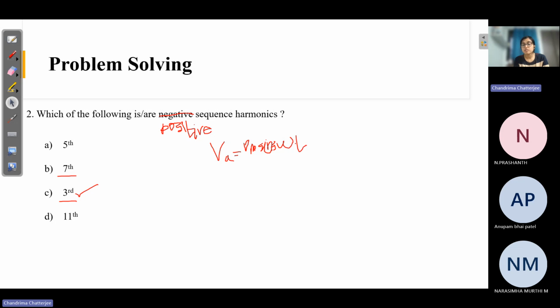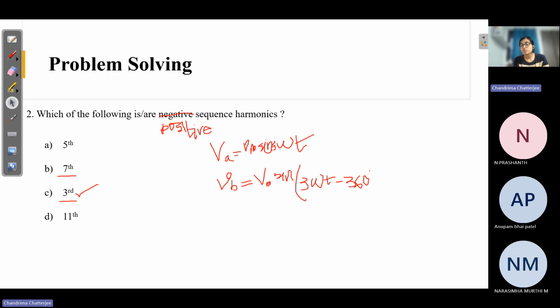And if you consider VB, then it will be Vm sine 3 omega t minus 360 degree. You are multiplying by 3. So for fundamental, it was minus 120 degree. For third harmonic, it will be minus 360.